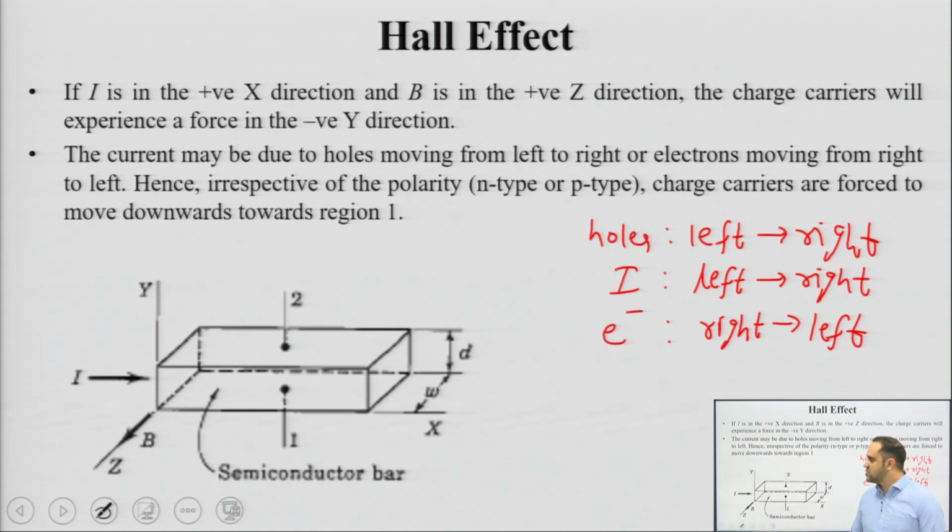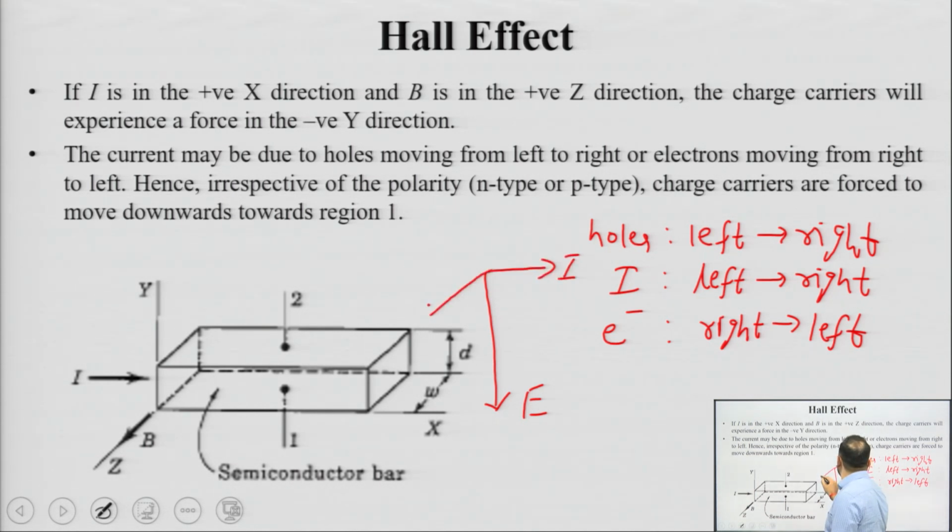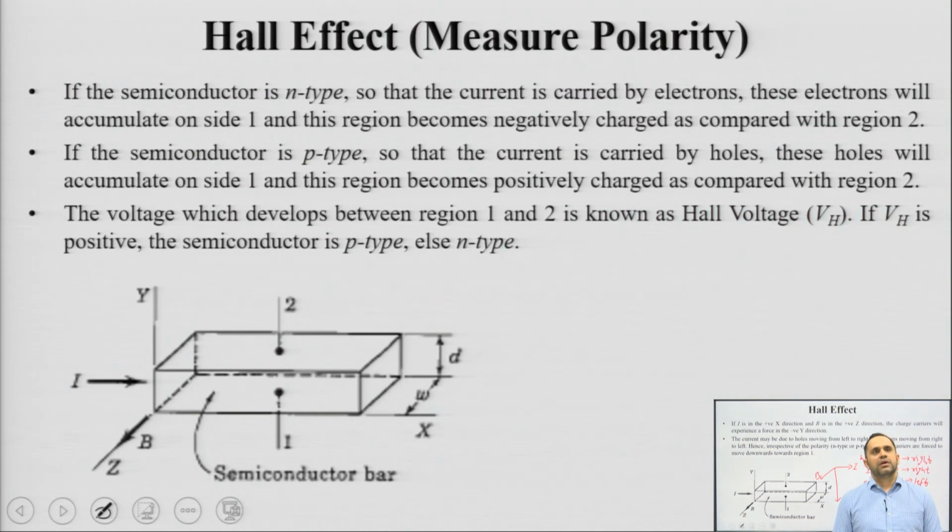So, the direction of electric field is in this direction. This is your electric field direction, this is the direction of current and this is your magnetic field. Irrespective of the nature of your semiconductor, whether n type or p type, your charge carriers, whether electrons or holes, are moved towards the downside, the minus y axis. So, how is this useful?